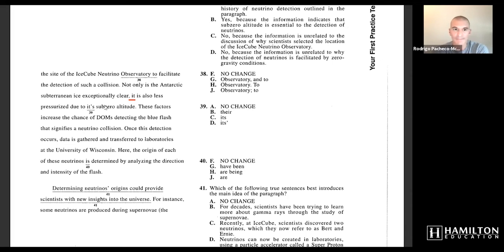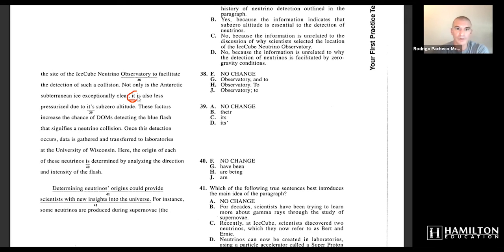We might say that we're talking about the sub-zero altitude of the Antarctic subterranean ice. The fact that we would use this preposition, the altitude of the subterranean ice, suggests possession. So what we need here is a possessive pronoun.